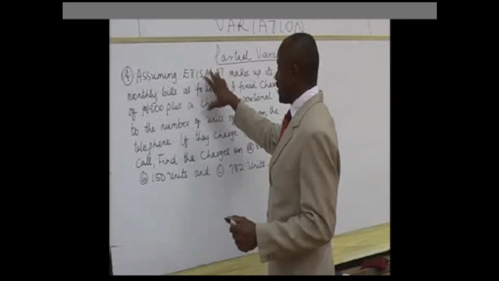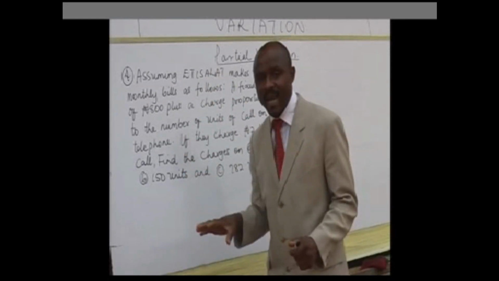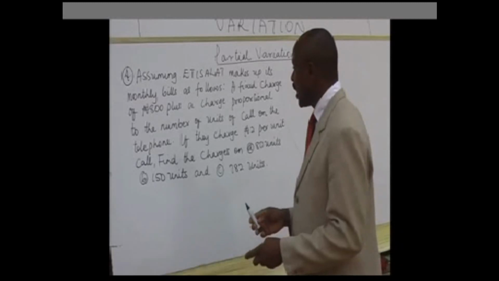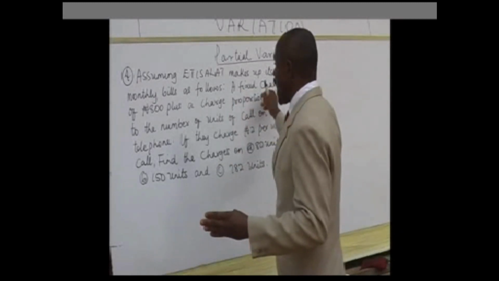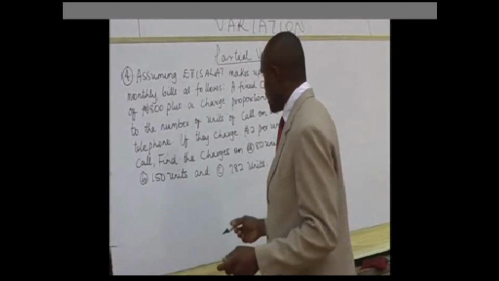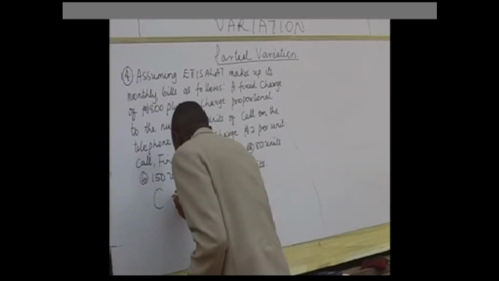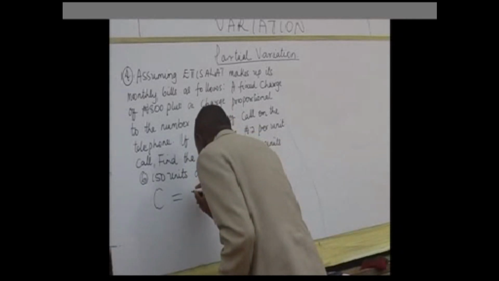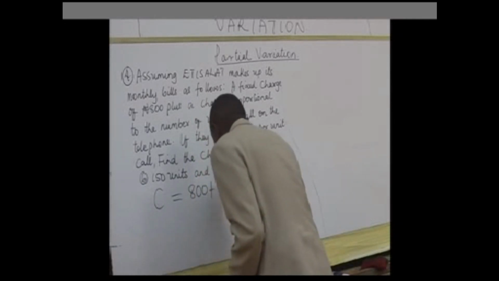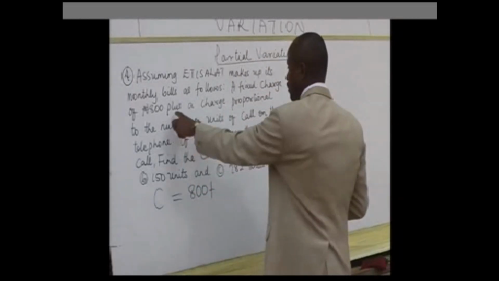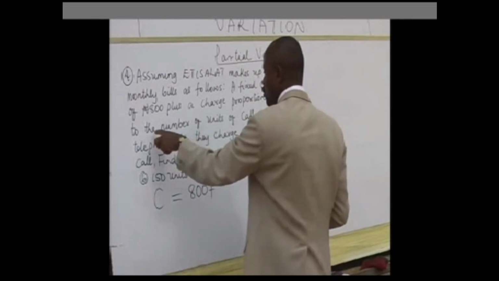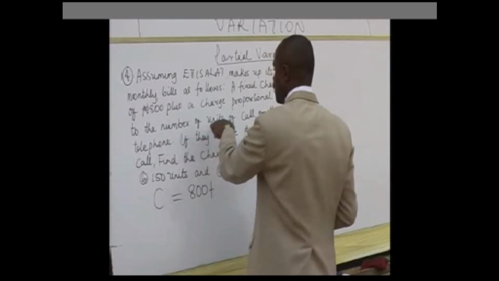This pattern is a pattern of a partial variation. They said a fixed charge of 800. Let's take C to mean the charge. This charge is equal to a fixed charge of 800 plus a charge proportional to the number of units.